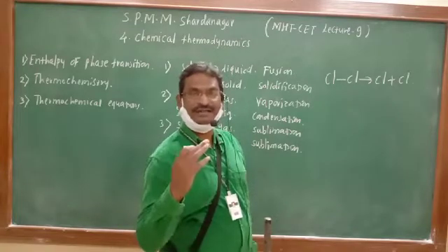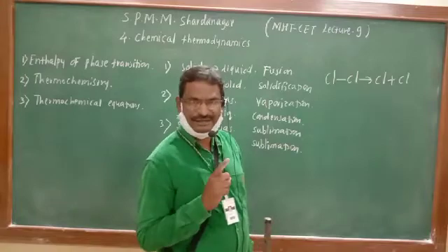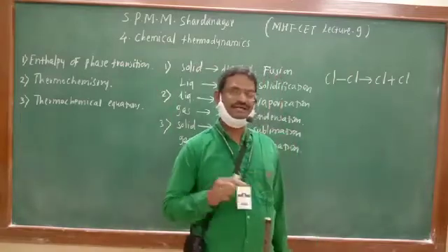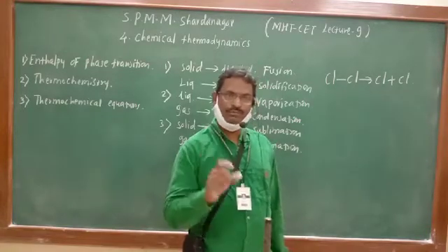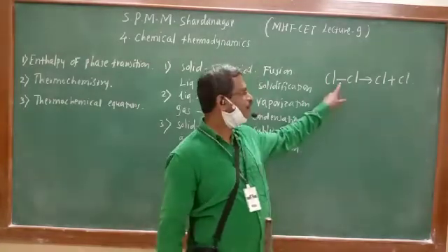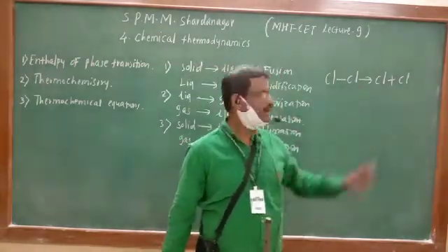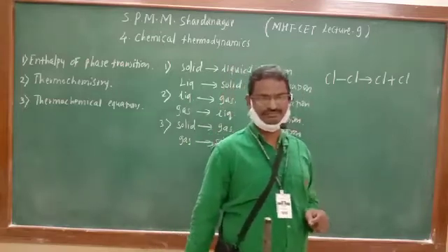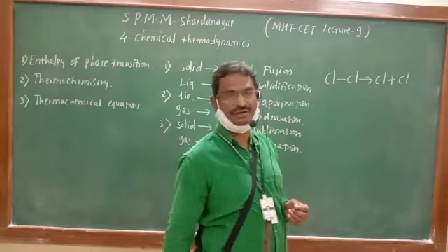It is known as enthalpy of atomization. So what is the definition? Enthalpy of atomization is the enthalpy change whenever 1 mole of molecule is converted to atoms. And this enthalpy of atomization is endothermic. It always takes place with absorption of heat, absorption of energy.